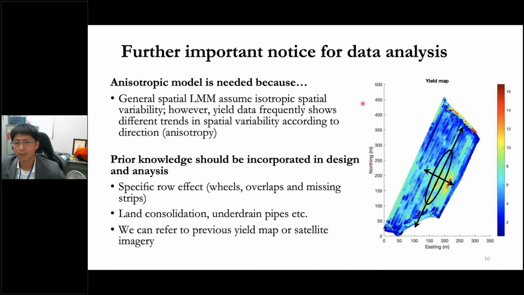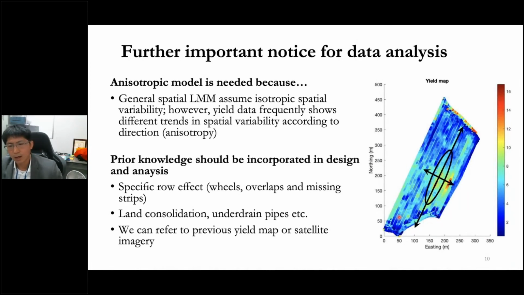As shown in this heat map, yield data show different spatial trends according to the directions. This case shows shorter-range and higher yield variations across the rows rather than along the rows. This phenomenon is called anisotropy, which sometimes increases the risk of estimate errors. So an anisotropic spatial model should be used if you find anisotropy.